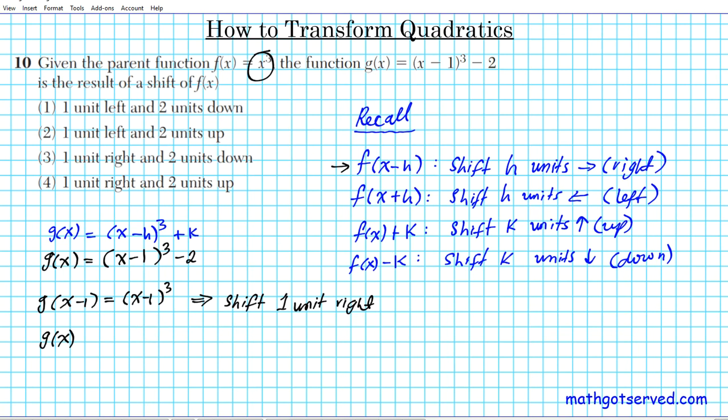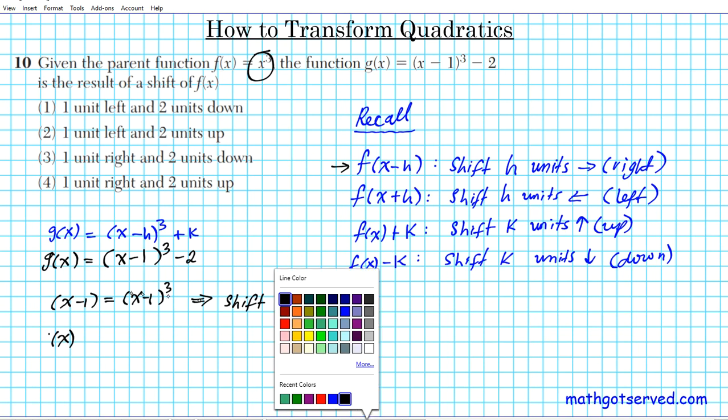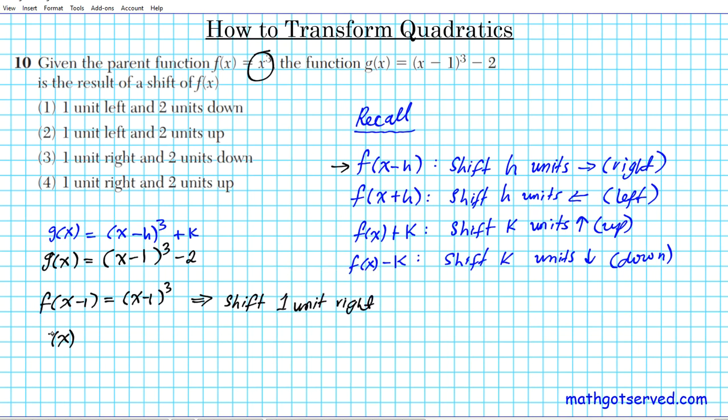And then we also have g of x, the function. So let's make a real quick correction here. This is f. We had f composed with x minus 1. And then we also have f of x and a number subtracted, f of x minus 2. Do you know what this causes to happen? When you subtract a number from a function, that causes the function to shift either up or down.